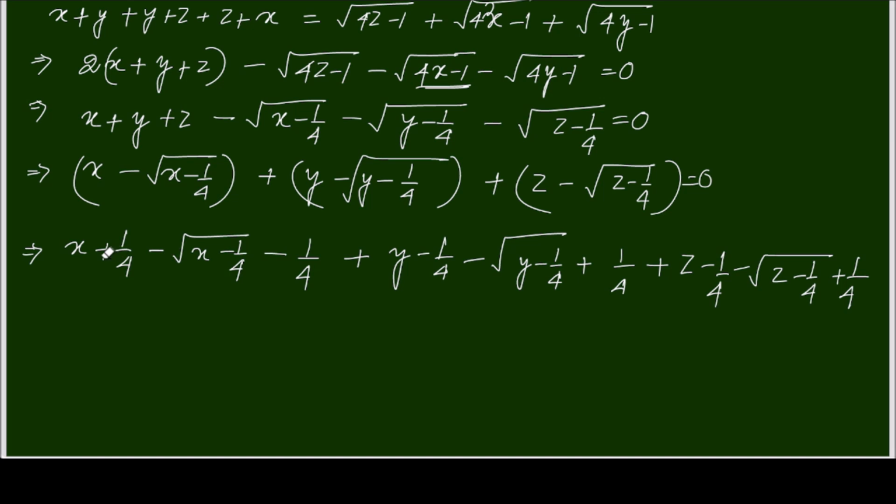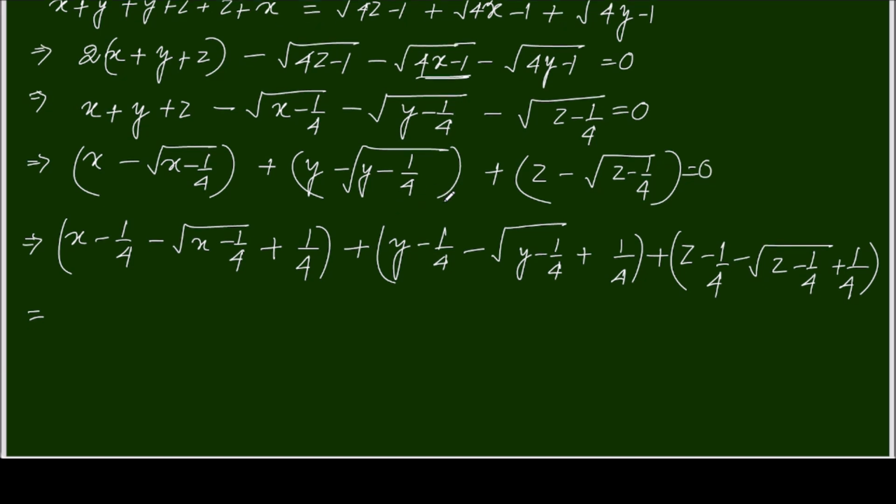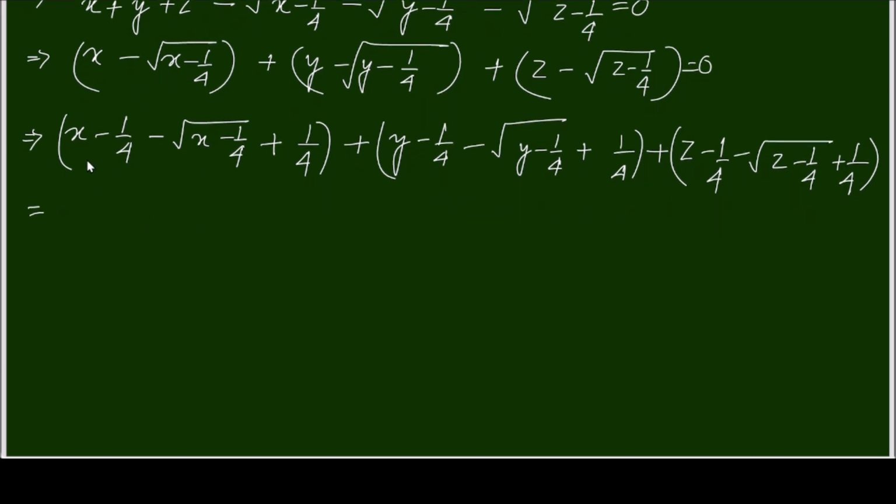So for each term, I added 1 by 4 and subtracted 1 by 4. And why? I am making them a whole square. So if you see, this is square root of x minus 1 by 4 whole squared, and this is 1 by 2 whole squared. So the first term is becoming this, and all this equals 0.